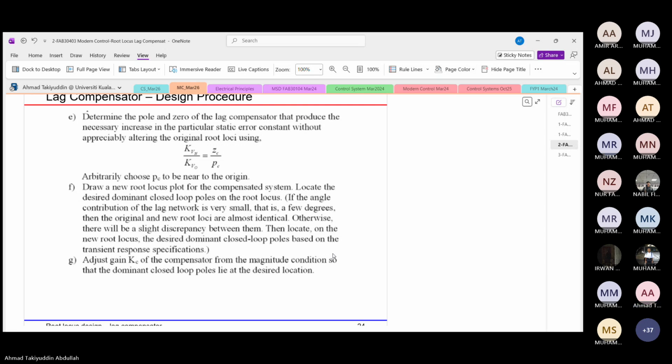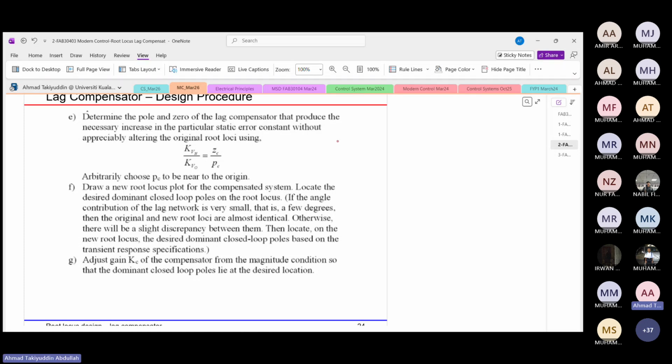The type of the system will be determined by what you have at the denominator. So the common equation that you are going to have for the transfer function will be this.